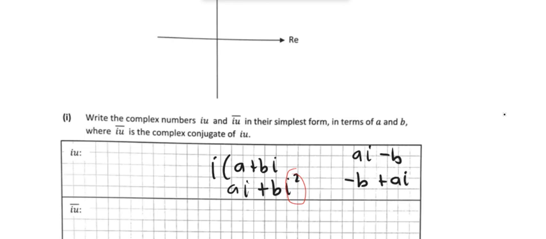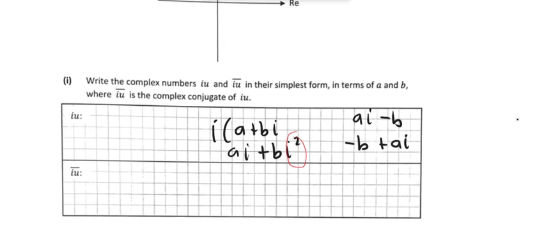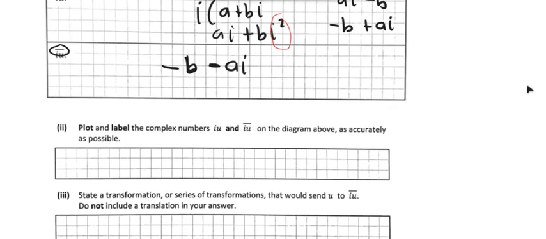Conjugate of it then, that's what the little line above it means. All you have to do is change the sign of the i term, so minus b minus ai, and that's all you have to do for the first part.